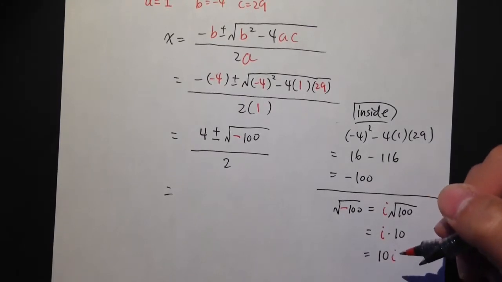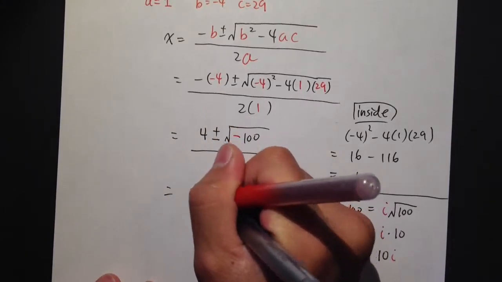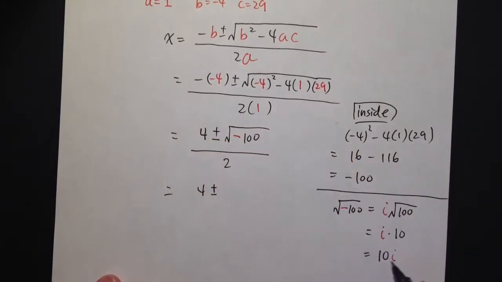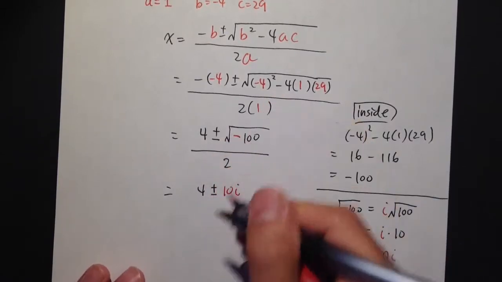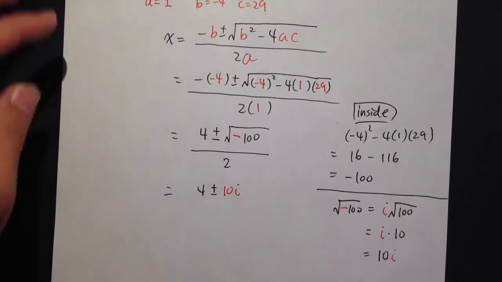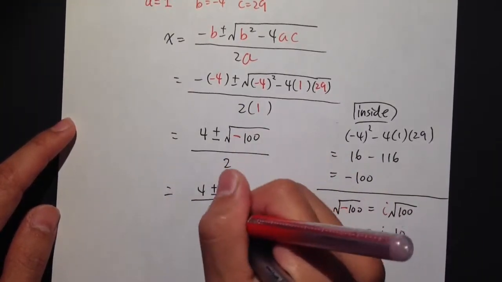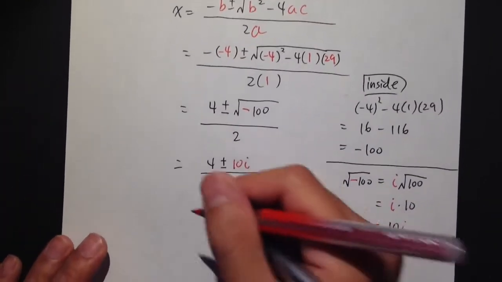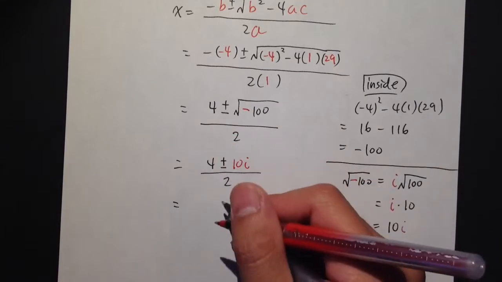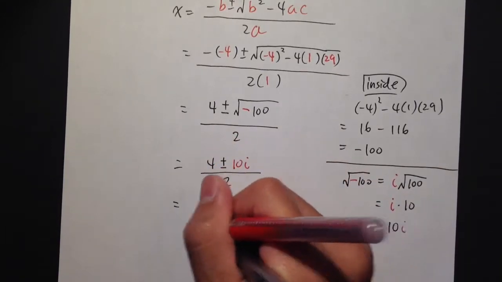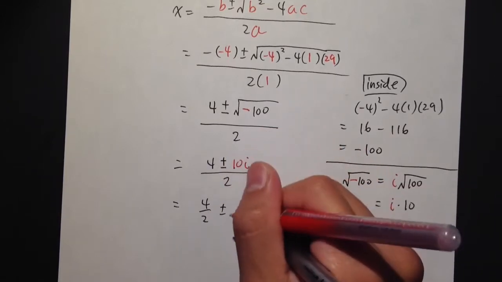Okay. Then we go back to here. We will have 4 plus minus all this becomes 10i. 10i is the result of square root of negative 100. Both of this over 2. And to simplify this, as I like to do it, I like to break it down into two fractions. The first one is 4 over 2 plus minus 10i over 2.